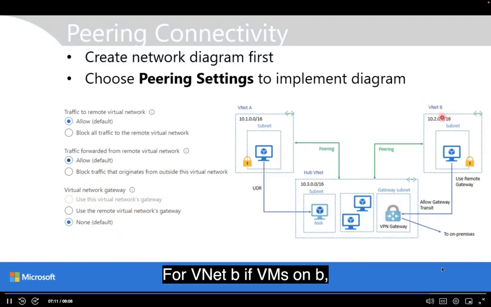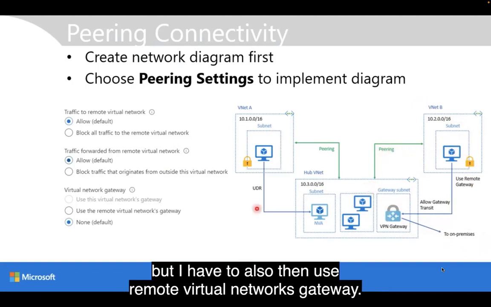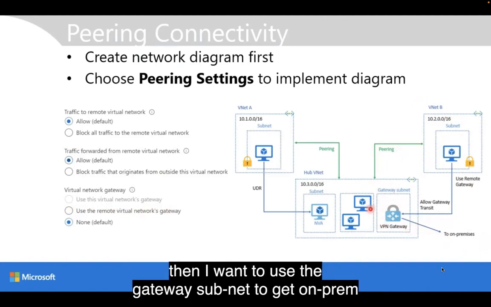For VNet B, if VMs on B want to talk to on-prem resources, since there is no direct VPN gateway, I must go through someone else's. So since there's a peering relationship, I can send traffic to hub, but I have to also then use remote virtual network's gateway.